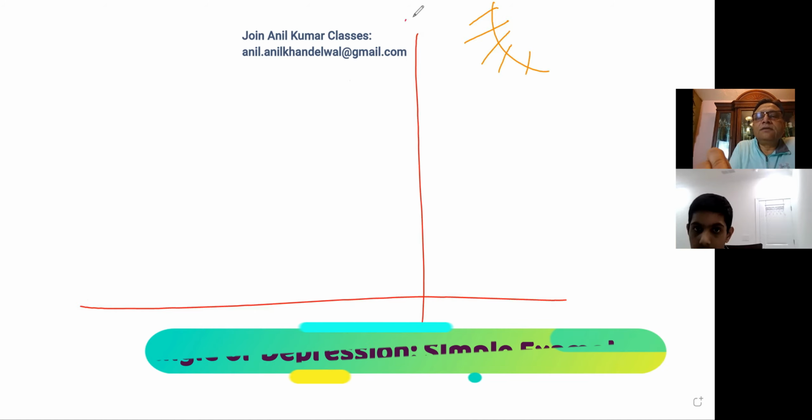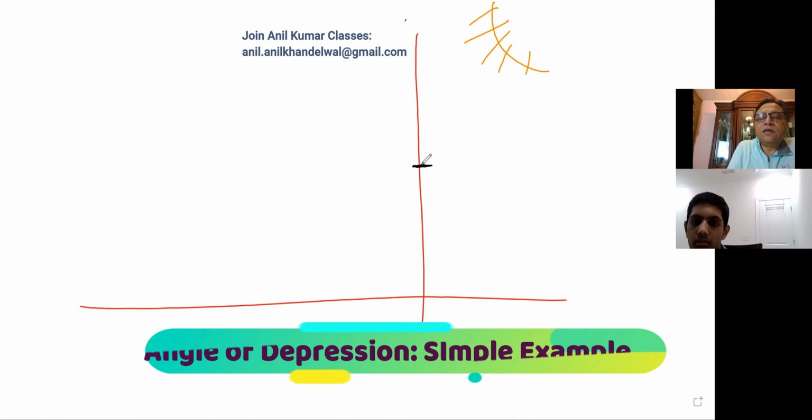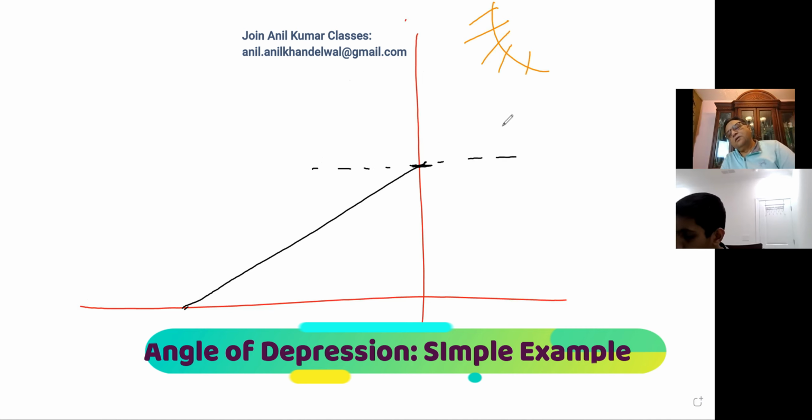So let us say there is shadow and we know that some object is this much tall and the shadow is kind of like this. Now we can say that the angle of depression from this particular point is, let's say, 40 degrees.